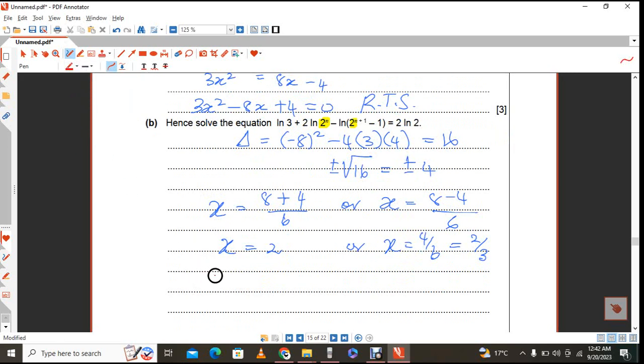So this original equation, the natural log of 3 plus 2 natural log of x minus natural log of 2x minus 1 equals 2 natural log of 2.